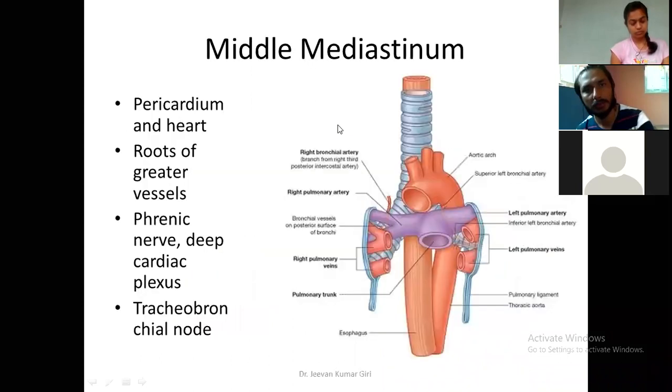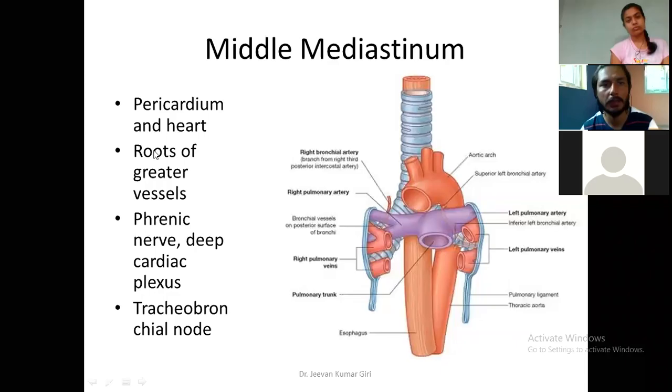See here, see here. See, these are all the greater vessels. See this. So they are either going to the heart or just leaving from the heart. Okay. Now, what are the root of vessels? See, pericardium and heart are the major content. Okay. Then the others are the root of greater vessels.